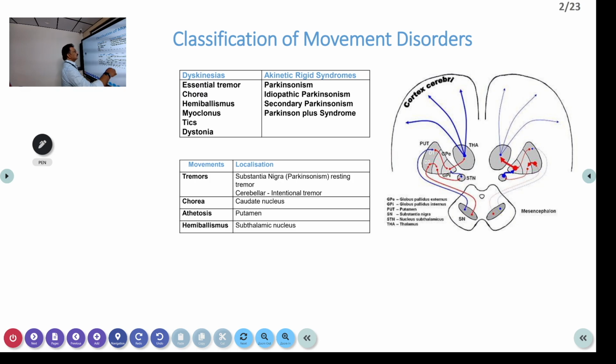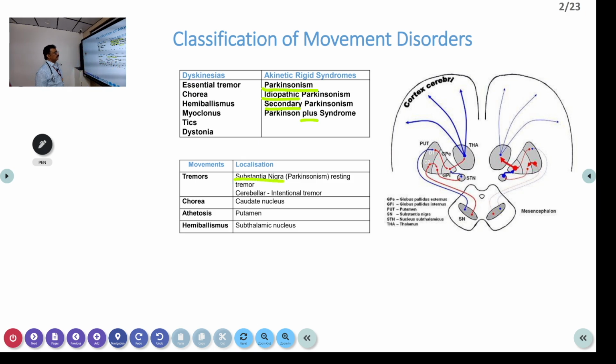So in Parkinsonism, again you have primary Parkinsonism, that is Parkinson disease, idiopathic Parkinsonism, and secondary Parkinsonism, that is due to something secondary like tumor or hypoxemia, whatever it is. Then Parkinson plus syndrome. Parkinsonism is a primary problem which originates from the substantia nigra.